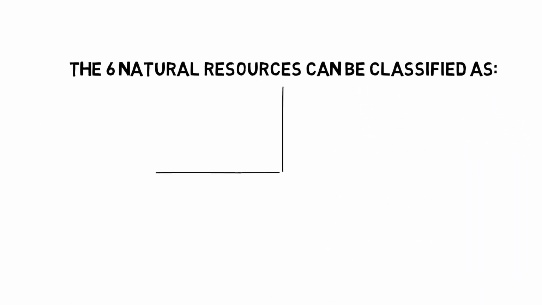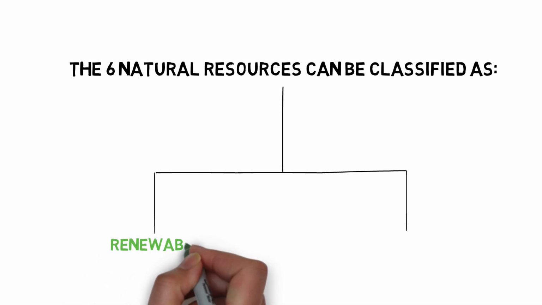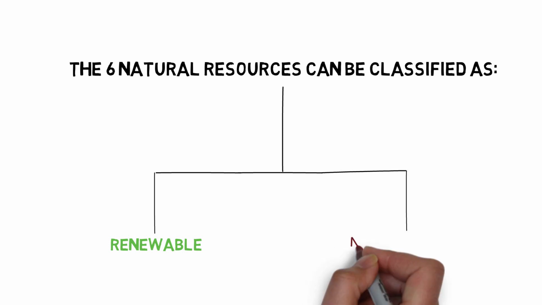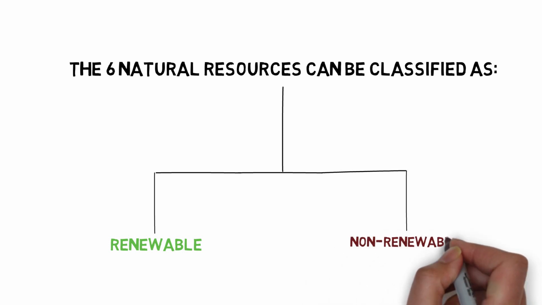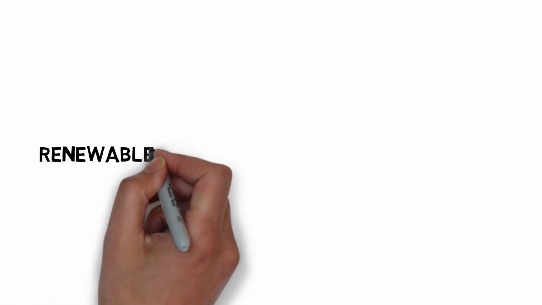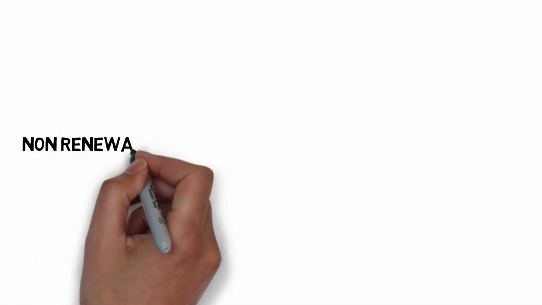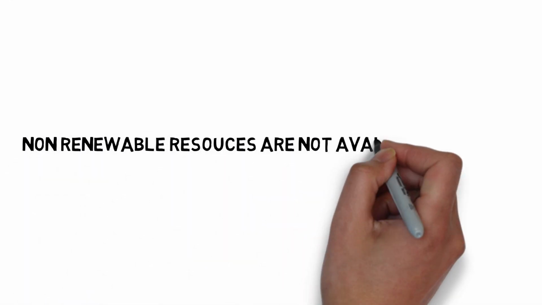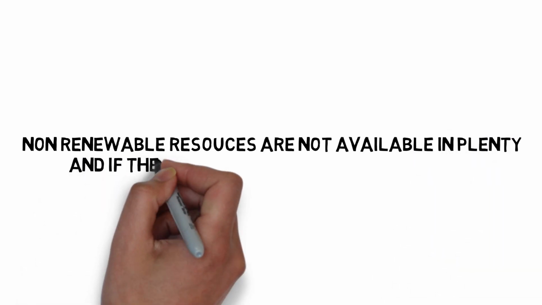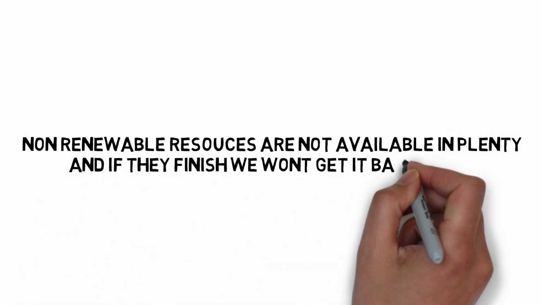Now there is a classification among these 6 natural resources. They can be classified as renewable resource and non-renewable resource. Renewable resource, that means those resources are available plenty. That means enough is available in the earth. But non-renewable resources are not so available, and if they finish once, we will not get them back again.